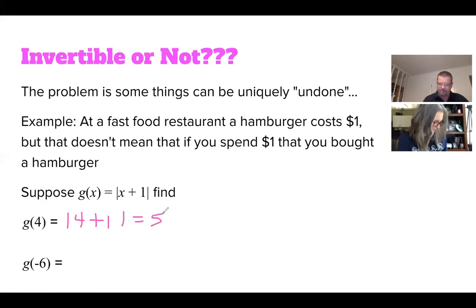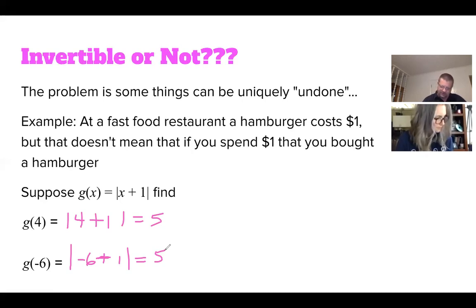And then if I were to ask you to do the absolute value of negative 6, it would be negative 6 plus 1, and that also equals 5. So that's fine. That's what we've done all along.